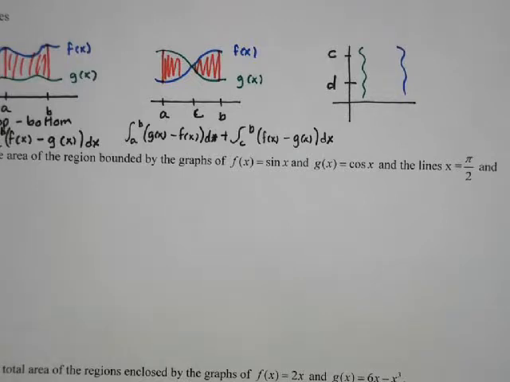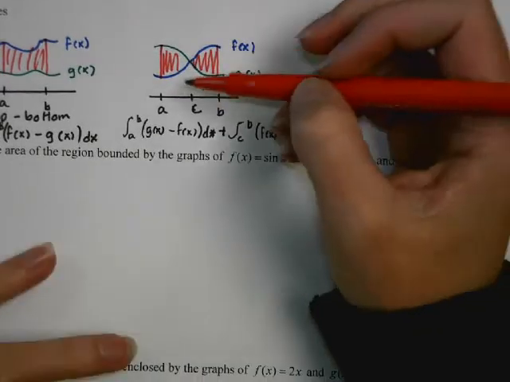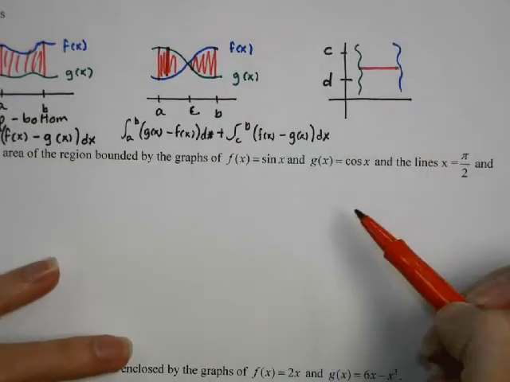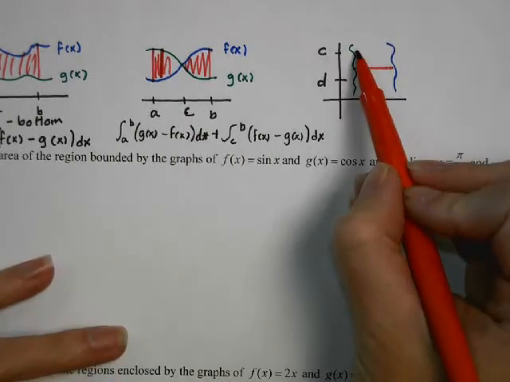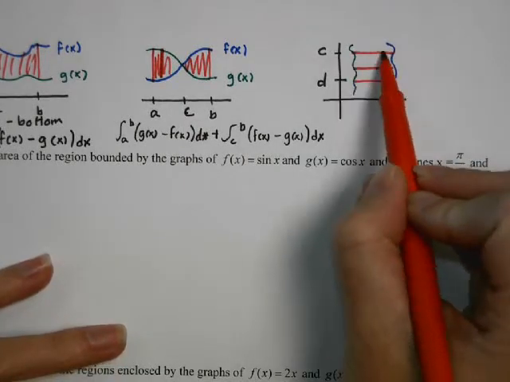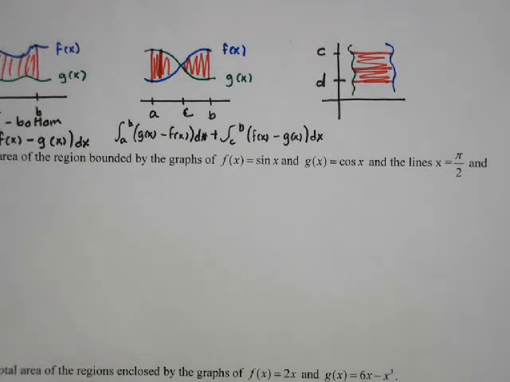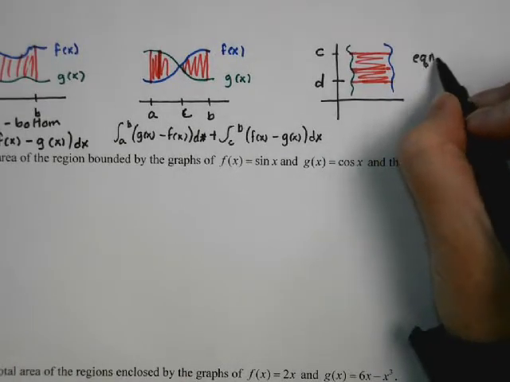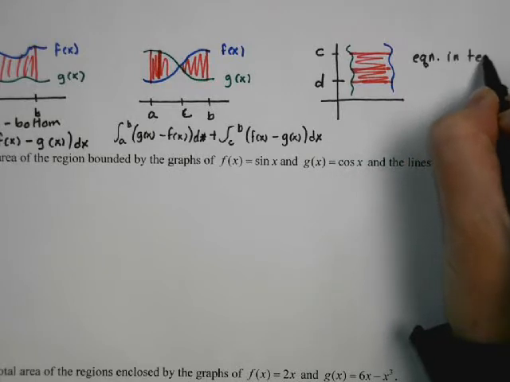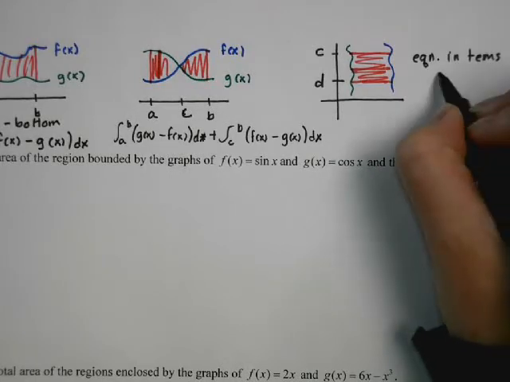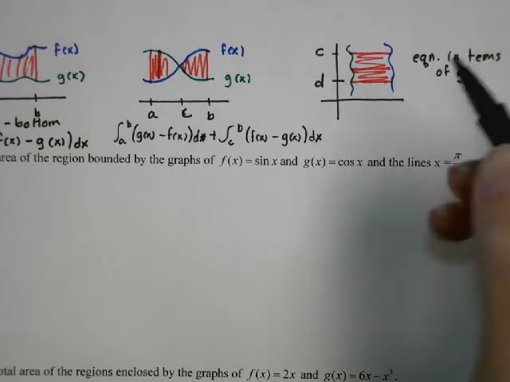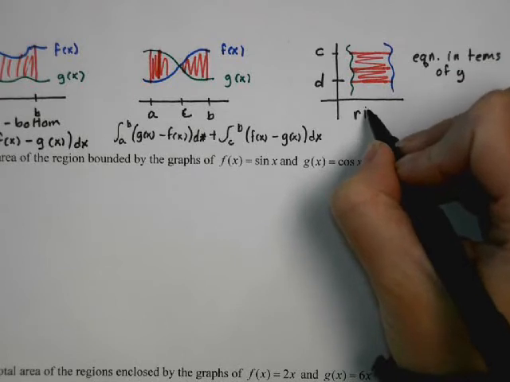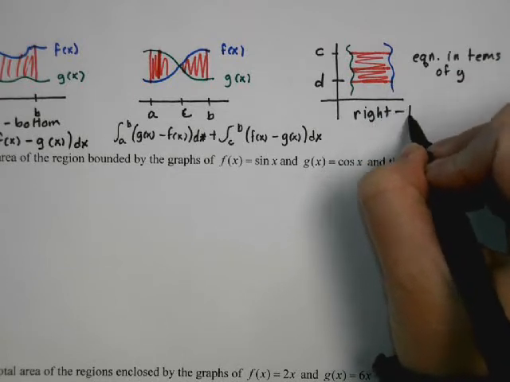Sometimes it's going to make more sense, rather than looking at things vertically here, we'd look at things horizontally. So if that's the case, we would write the equations in terms of y. And we do the integral of right minus left.